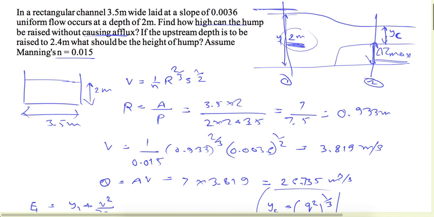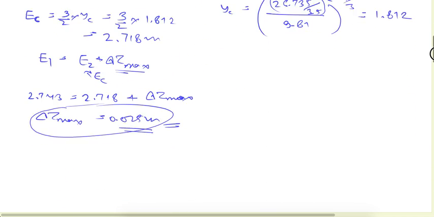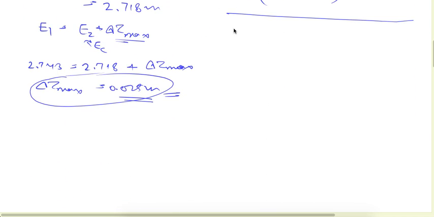Now in the second part it is saying the upstream depth is to be raised to 2.4 meter. So if we want to increase the upstream depth, it means that delta Z should be greater than the delta Z max. So in this condition, the downstream will still be at the critical depth, but the upstream depth will change.